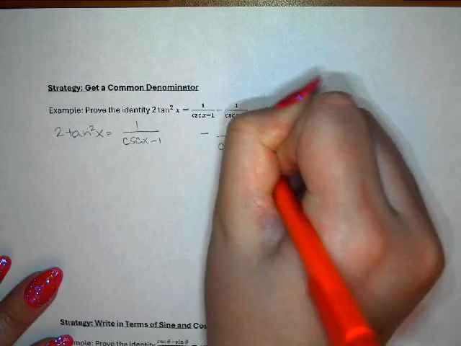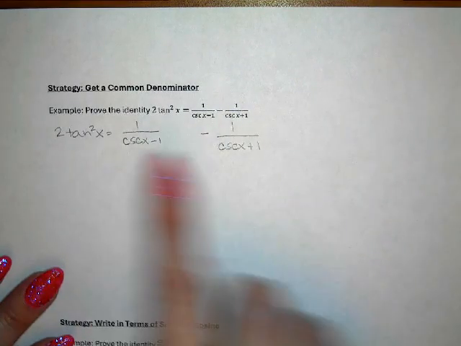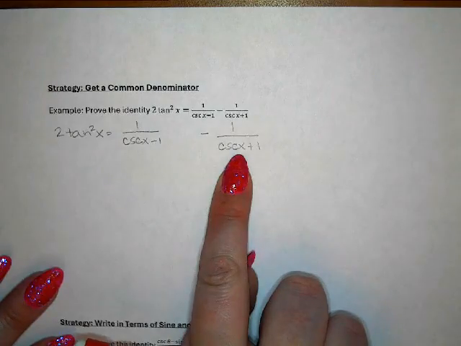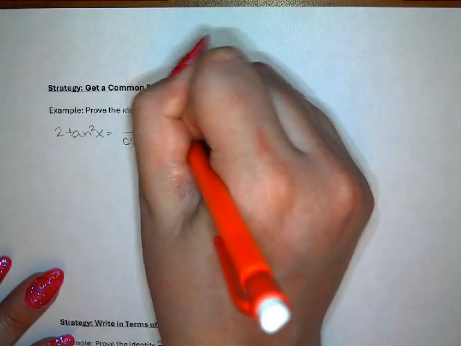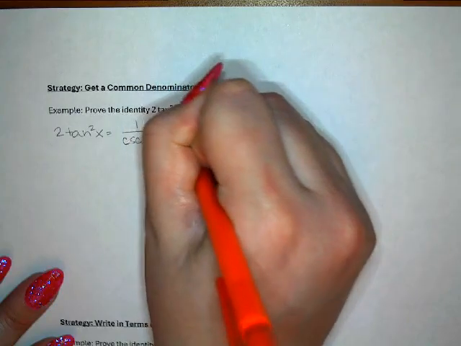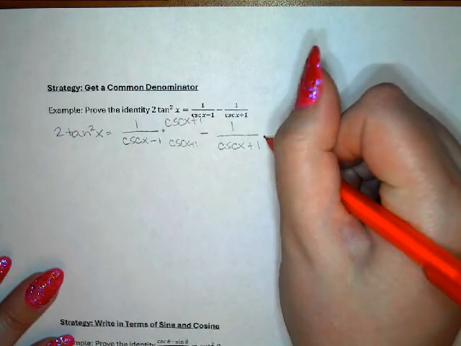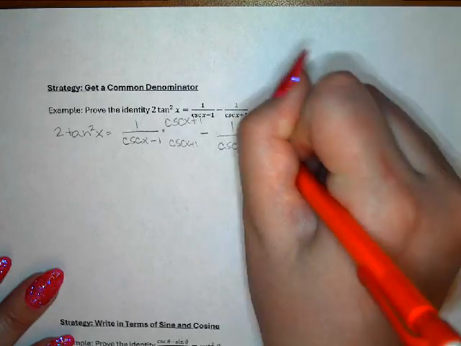Okay, so cosecant x minus 1, cosecant x plus 1. To get the common denominator, I'm going to multiply the first one by cosecant x plus 1 over cosecant x plus 1. I'm going to multiply the second fraction by cosecant x minus 1 over cosecant x minus 1.